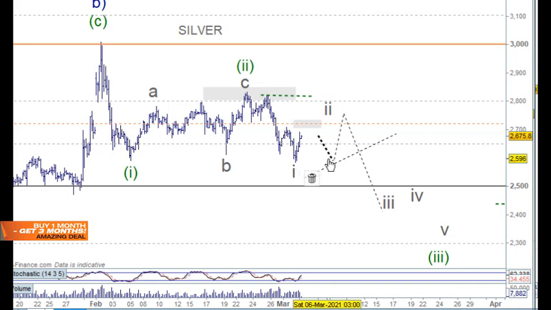Could also shape this up a little bit better now as well. So we'd be looking for an A wave, a B wave, and a C wave to that point, and then we'd be moving down into the 3rd wave. Now the 3rd wave would be longer than the 1st wave.